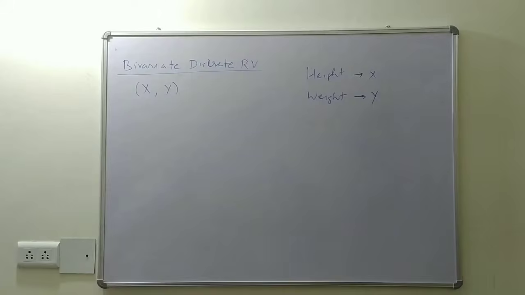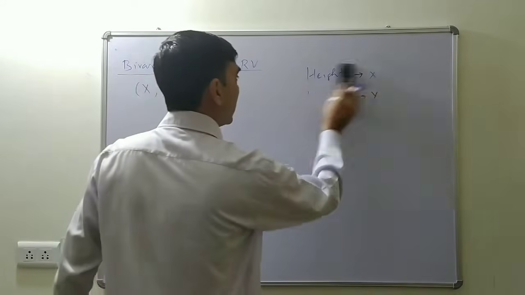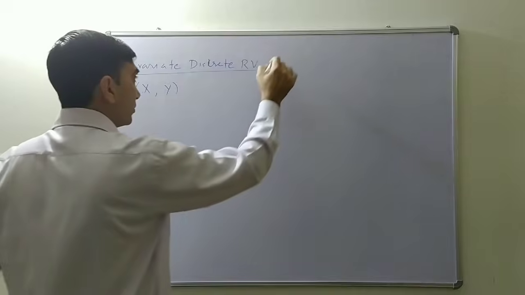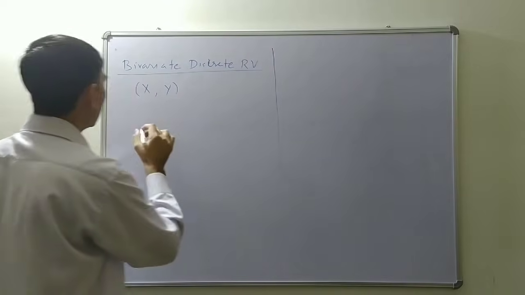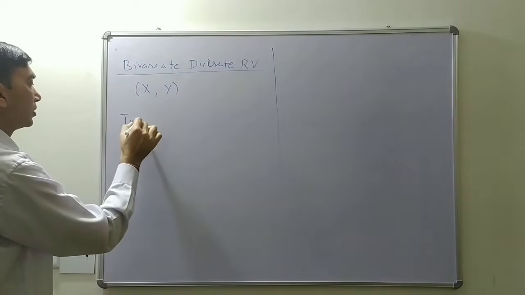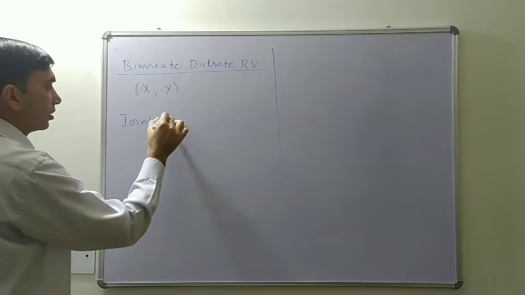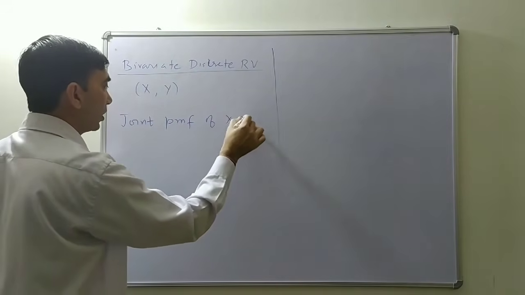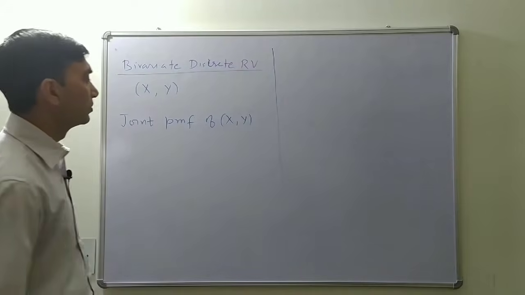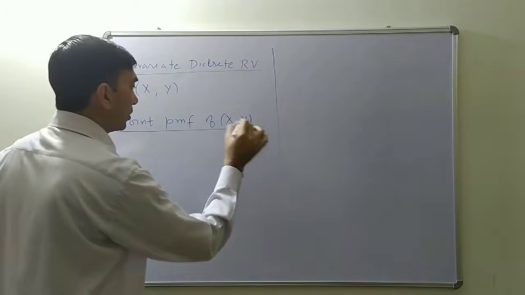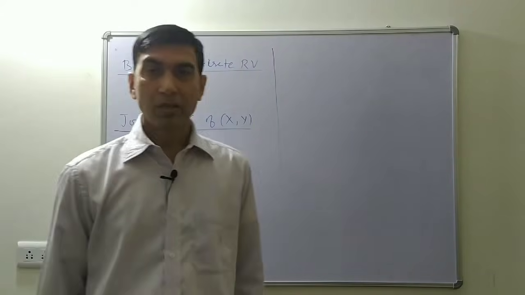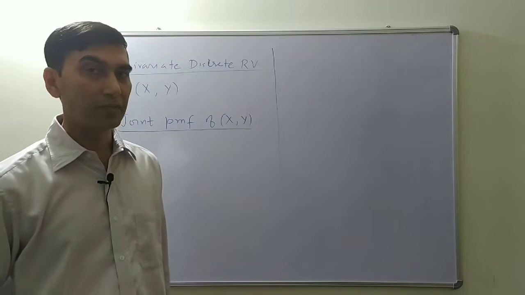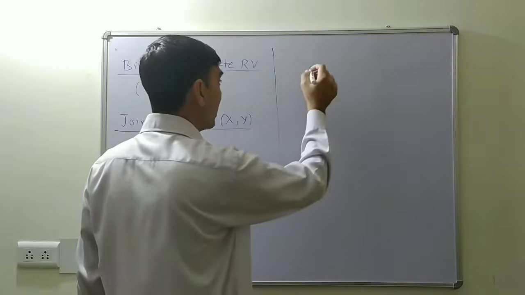Now let's define the PMF, in fact, joint probability mass function of x comma y. Before that, I assume you know the PMF of a single discrete random variable. What is it?